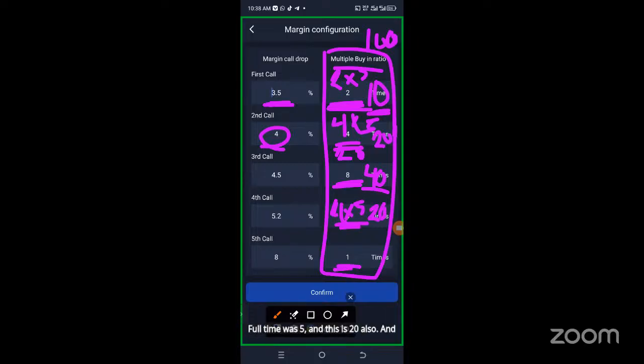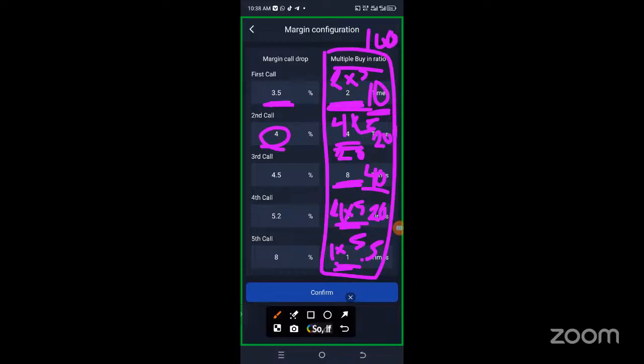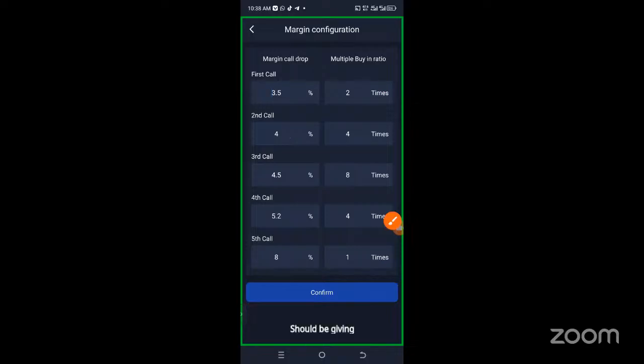And here we have 1 times 5 to fit in the money that you have, and this will remain 5. So if you add this 10 plus 20 plus 40 plus 20 again plus 5, you are getting $95. Should be giving you 95.